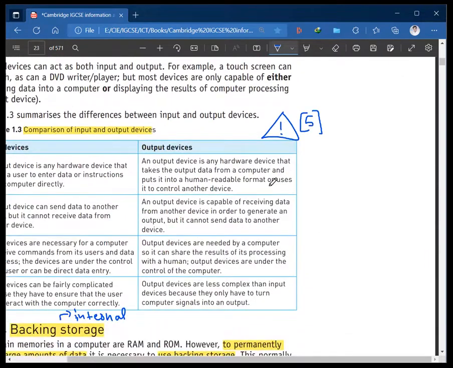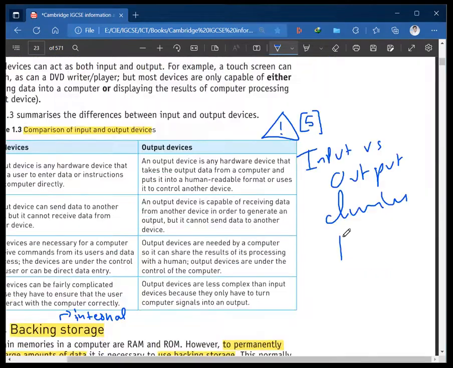Yep. The next thing is comparison of input and output devices. Just write input device versus output device, page number 9. Done?